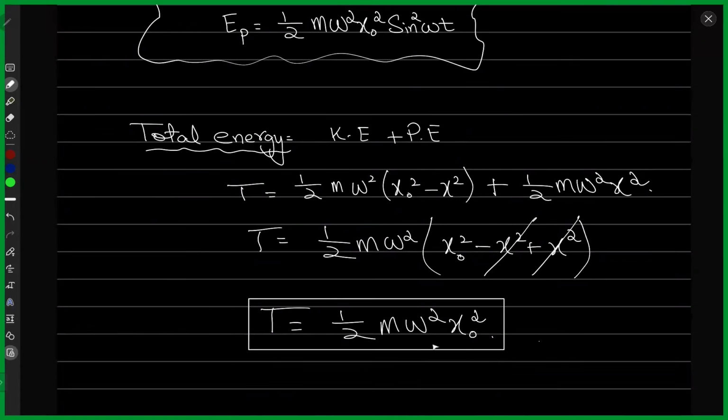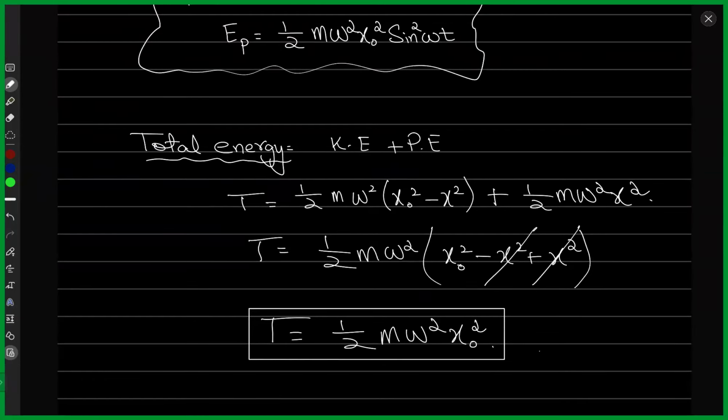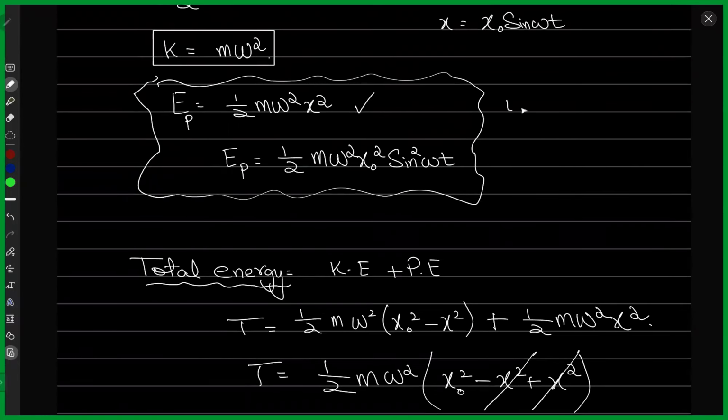Can you take a guess why the total energy of such an oscillator is always equal to a maximum? Because if you see the maximum potential energy from this expression, it is also half m omega squared. And when would the potential energy be maximum?